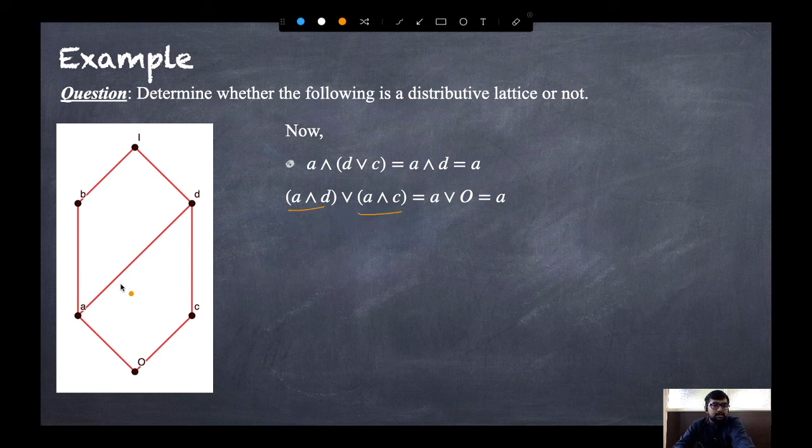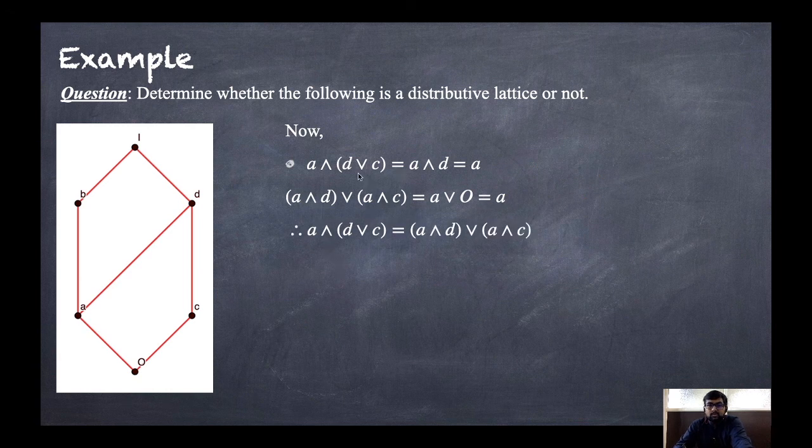A and D means the greatest lower bound of A and D, which is A. Now A and C: the greatest lower bound of A and C is 0. So A or 0 equals A. Now you can see that both sides match.